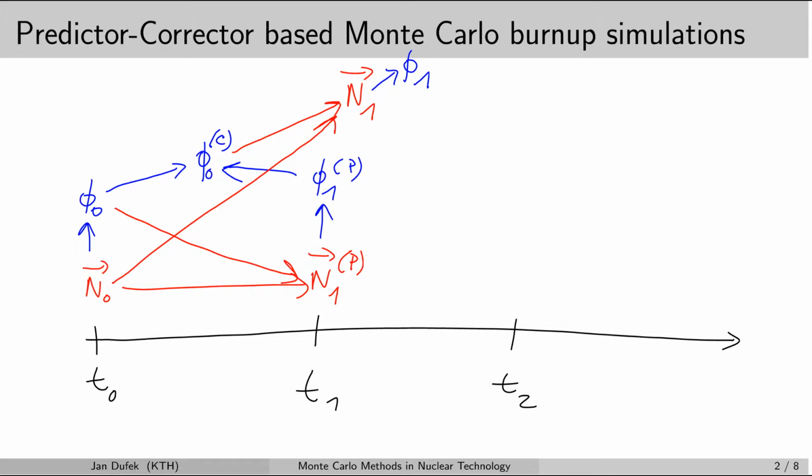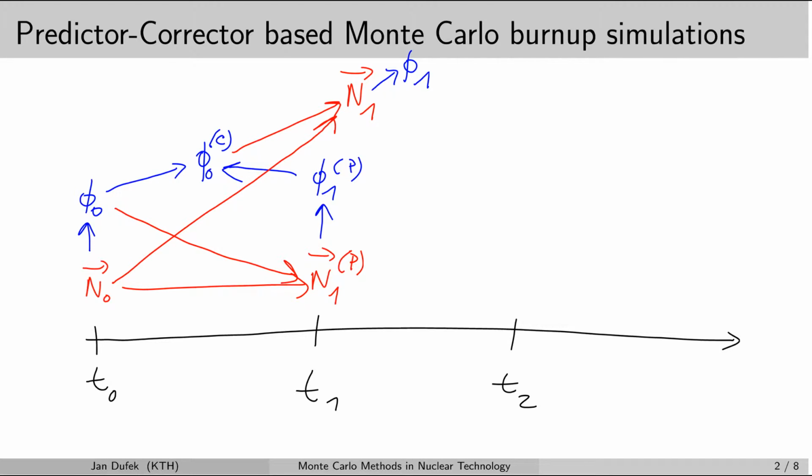So this flux may differ from this predictor flux or this corrector flux, because it is based on the criticality calculation in which the system is described by this new vector N1. Alright, so now we have the flux phi 1 and the nuclide field vector N1.